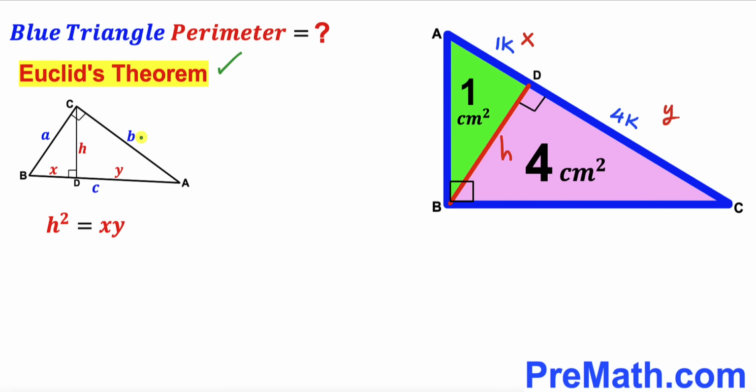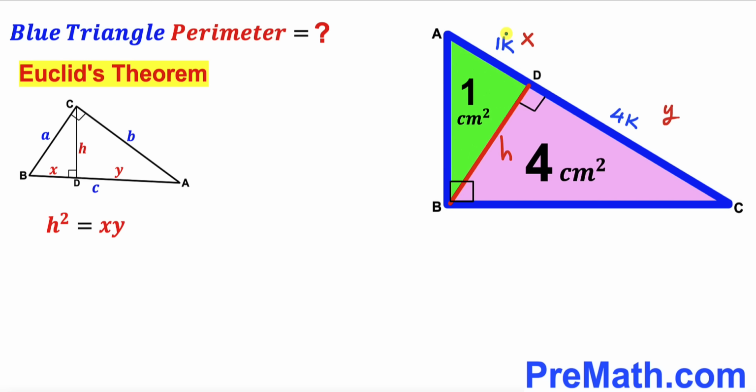As you can see in this given right triangle ABC, we have this perpendicular, which is represented by height lowercase h. This segment is represented by X and this segment is represented by Y. Then according to Euclid's theorem, we can write h square equals x times y.